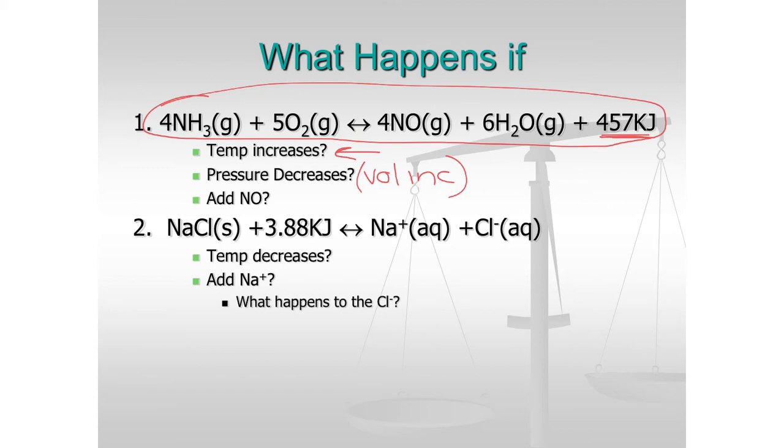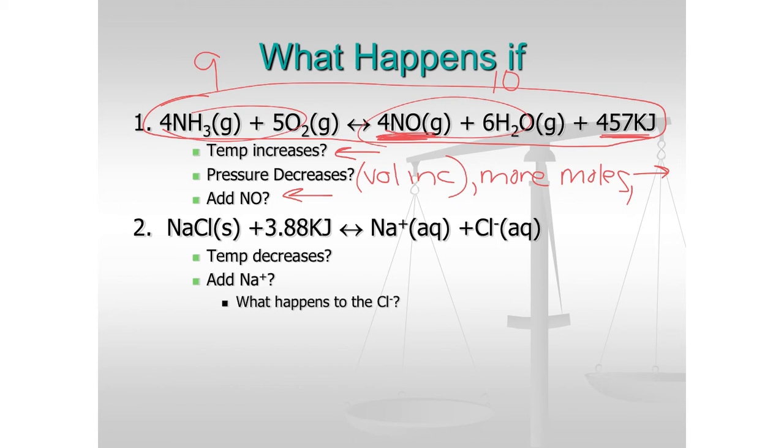So now I would need to go to the side that makes more moles of gas. If I count that up, I get 9 moles over here and 10 moles over here. So I would be going to the right, or the forward reaction. And then lastly, we add NO. So we were at equilibrium, and then we increased the amount of NO present. We opened up the container and added more in. That would make the reverse reaction occur, because that would use up that excess NO.